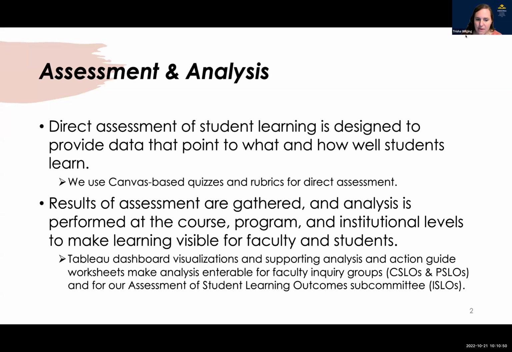And we found that this makes data analysis approachable for faculty, especially as we encourage them to work in faculty inquiry groups. And also we found these guides very helpful for our assessment of student learning outcomes subcommittee, who works on analyzing and acting on our institutional student learning outcomes.